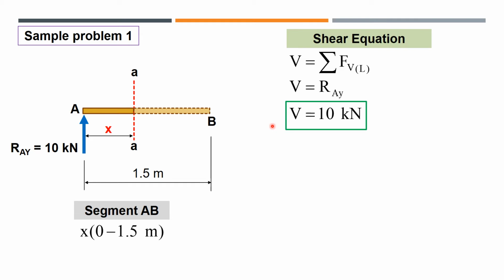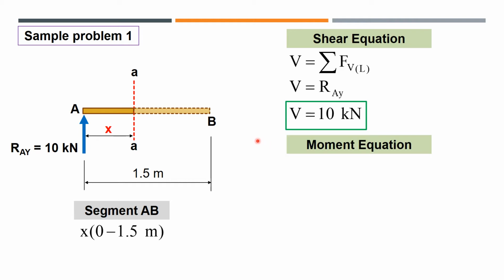Now here, I forgot to mention that when the vertical force is upward, we consider that as positive. So this equation we got, this is now the shear equation for segment AB. It doesn't matter whether a variable x is included or not. What's important is that you sum up all the vertical forces to the left of the cutting plane.